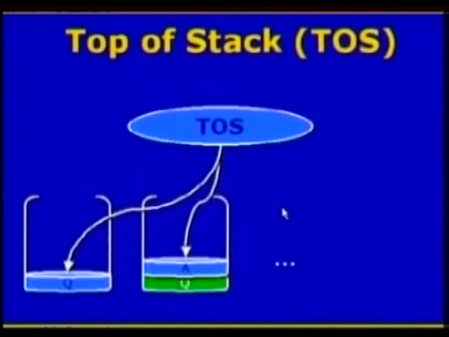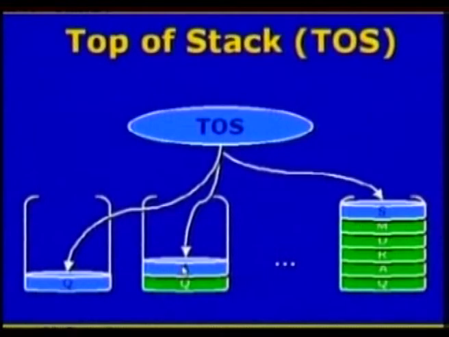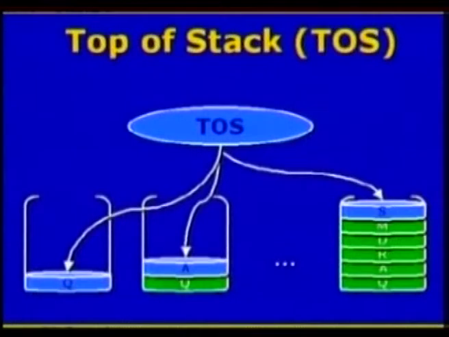Top of stack, as I said, is always a pointer that points to the last entry I have in the stack. And that's the item I retrieve when I perform a pop operation. So I'm always going to have some sort of a pointer that points to the last entry in the stack, and that means whenever you try to pop something from the stack, that's the candidate item you're going to retrieve.